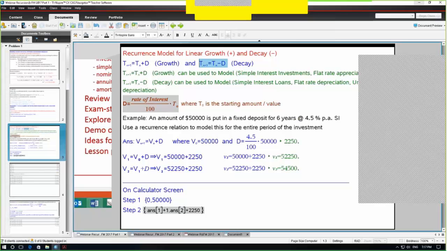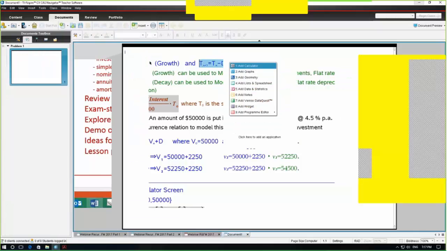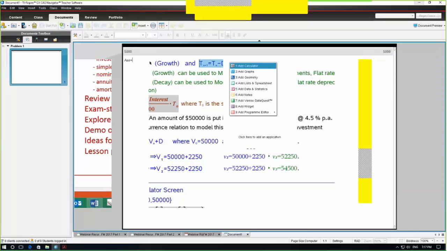Now, I would like you to try this on your calculator screen, because normally if I do a recursion, let's say, I'll just move this to the other side, the code. So if I do 5,000 and I click enter, now if I do an operation over here, let's say plus, by default you will see what displays in front of the plus sign is Ans.